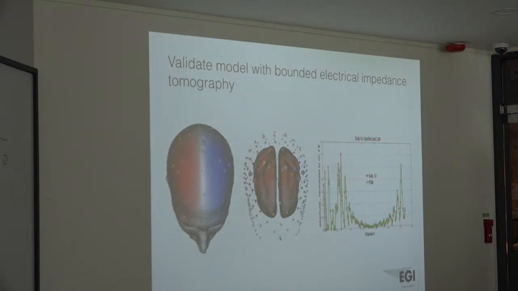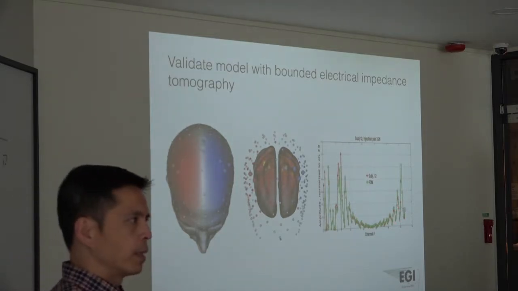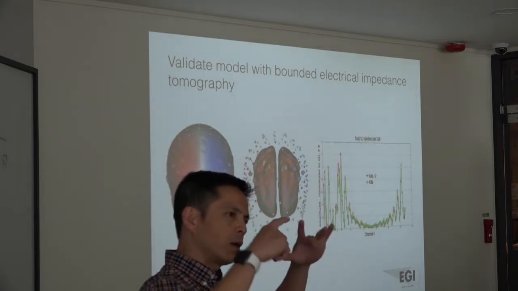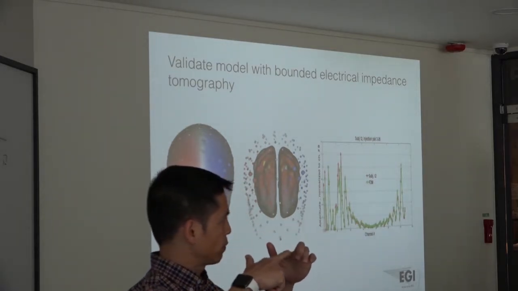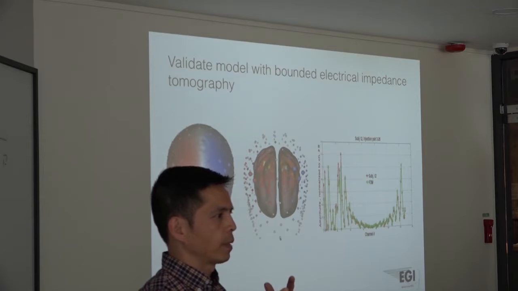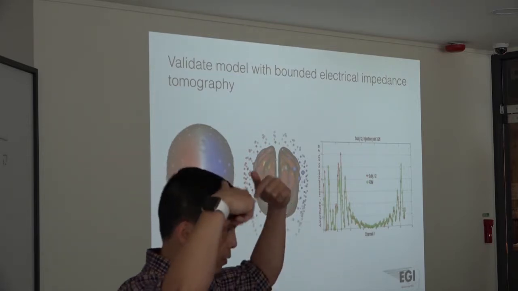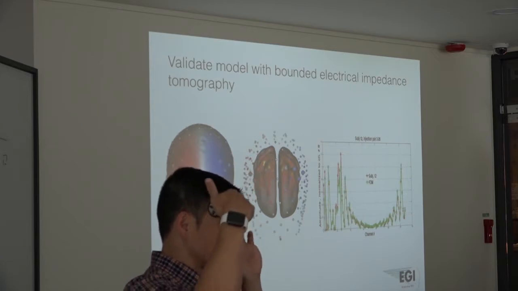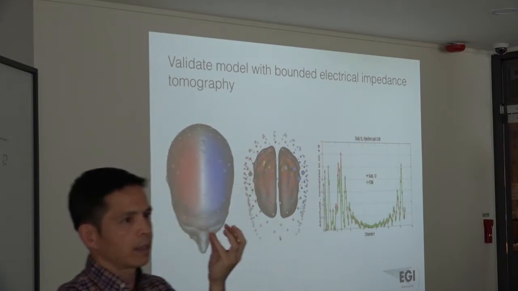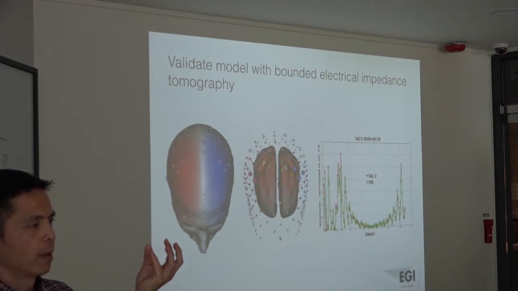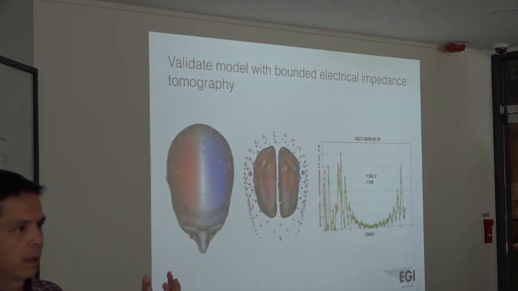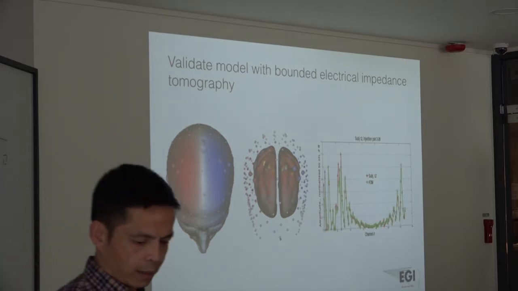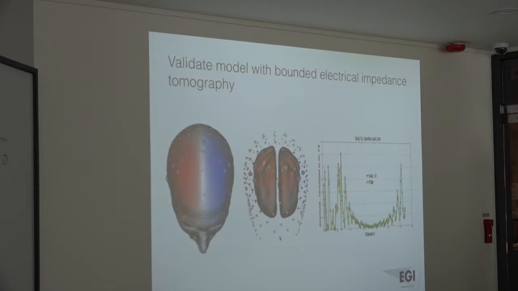The only way that it can match up well is that all of the current flow through the inside has to be accurate, because current goes in and it comes out everywhere. So it goes through the scalp. To the extent that it matches up, we know our head model is good. If our head model is not good, this data will not match up. Okay? So that's another way of validating or verifying.